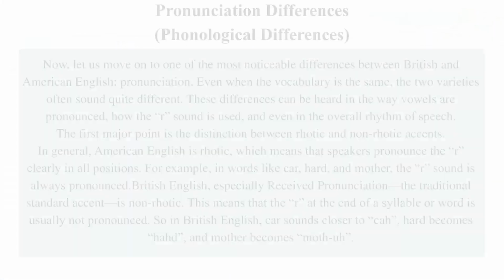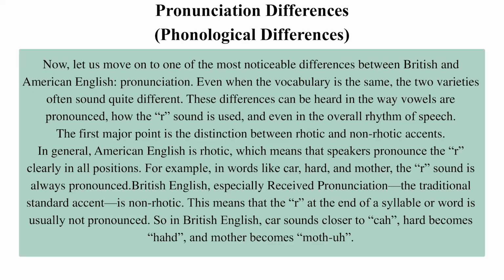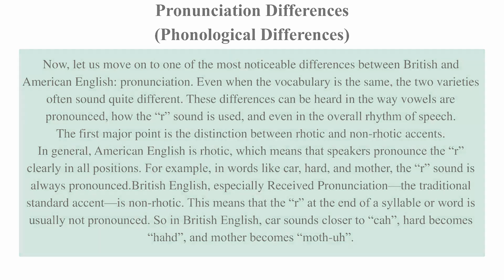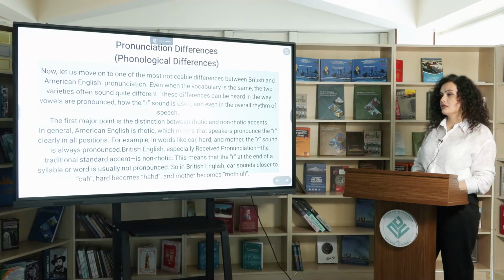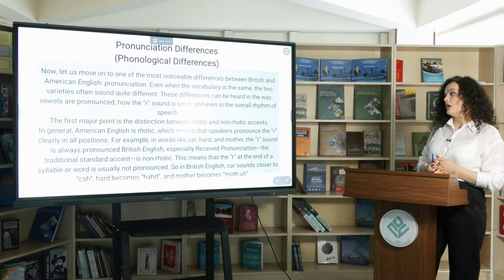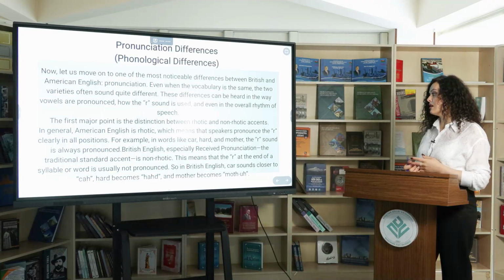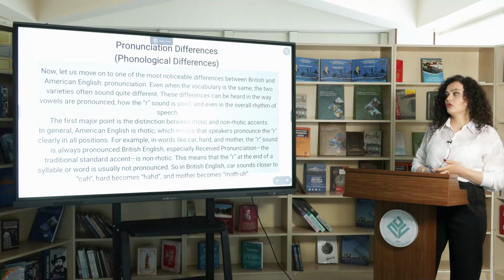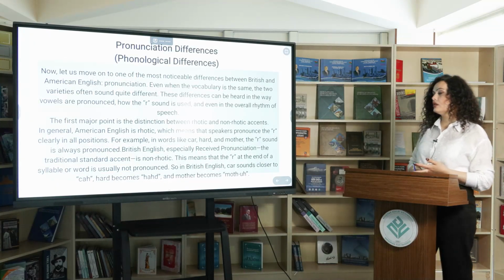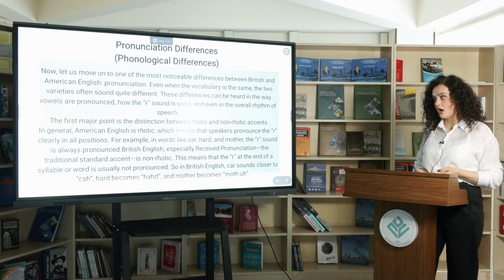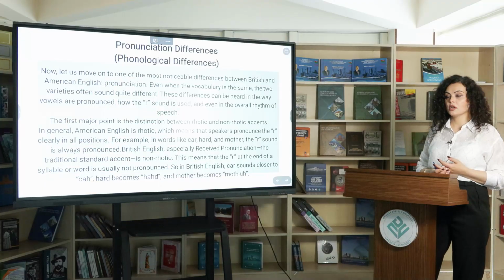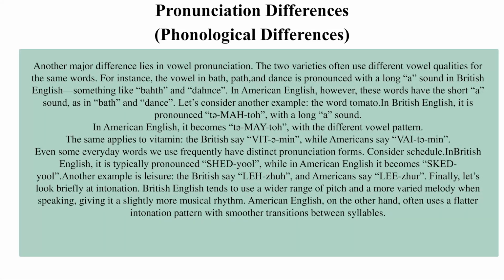But British English, especially Received Pronunciation, the traditional standard accent, is non-rhotic. This means that R at the end of a syllable or word is not usually pronounced. So in British English, car sounds closer to "cah", hard becomes "hahd", and mother becomes "mutha".